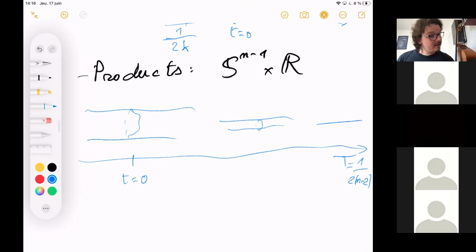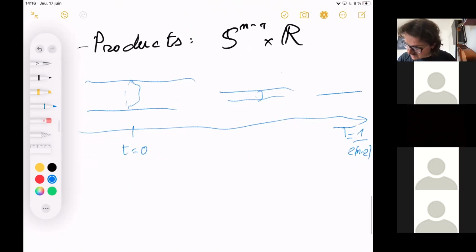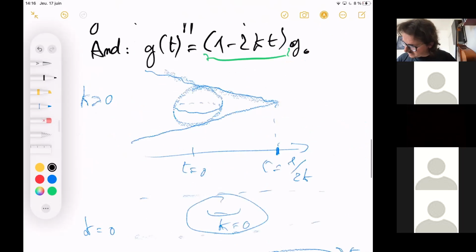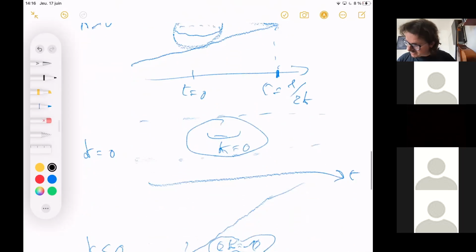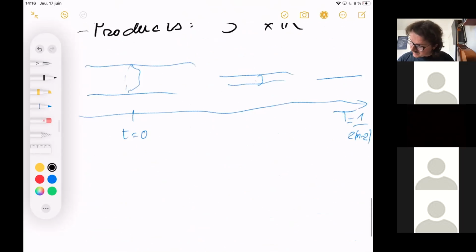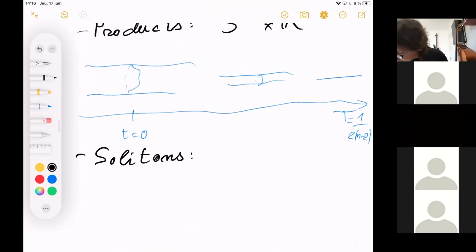Okay, and maybe some other kind of solution. Those are very simple solutions, but there's another kind of solution which is a little bit more interesting, which are solitons, which in some sense don't move, because we make the following ansatz.